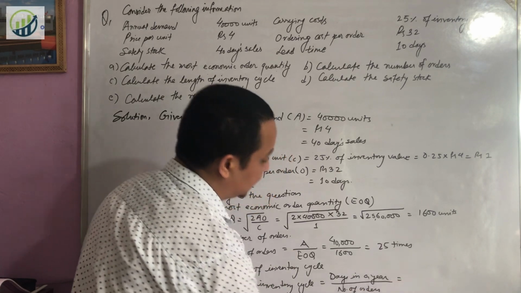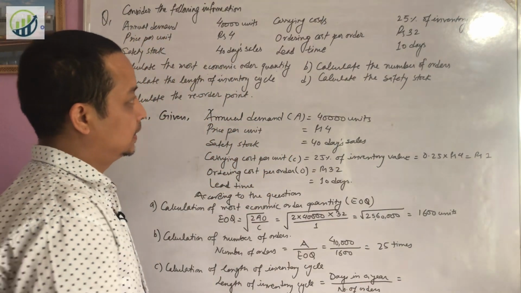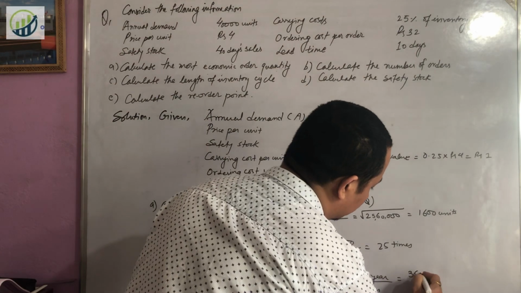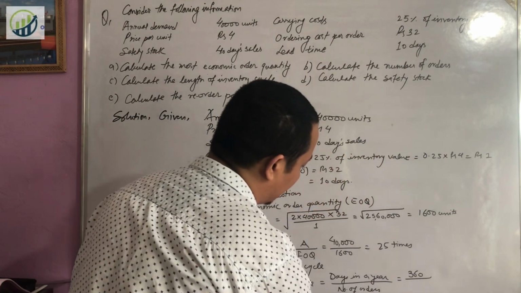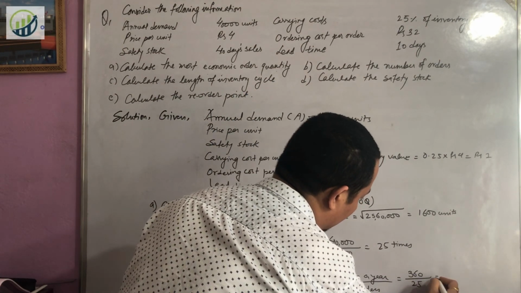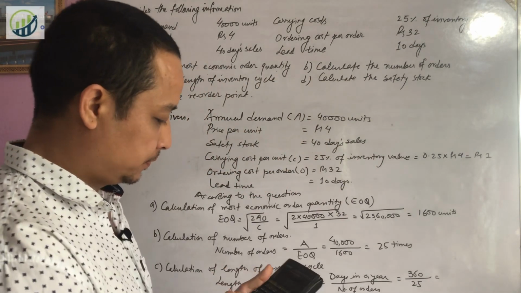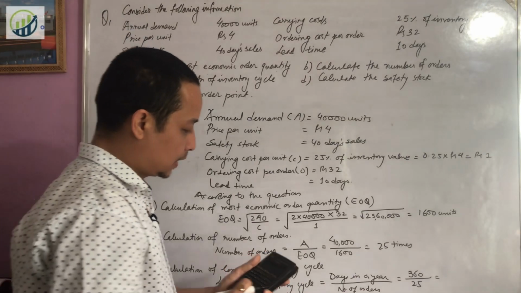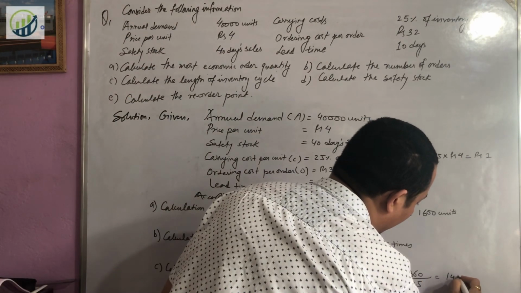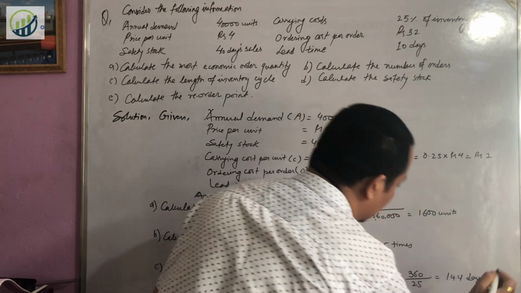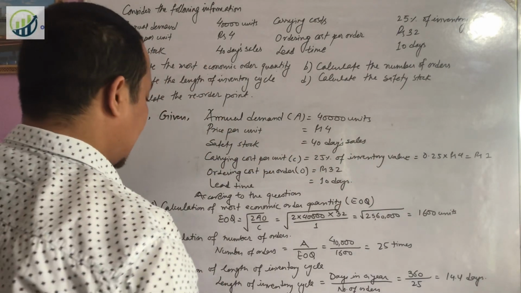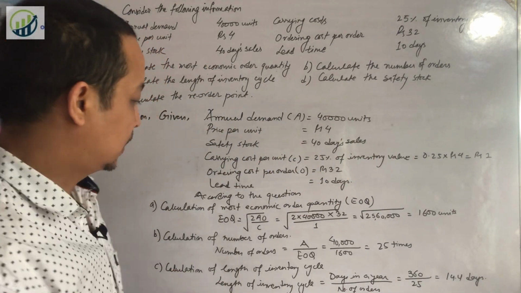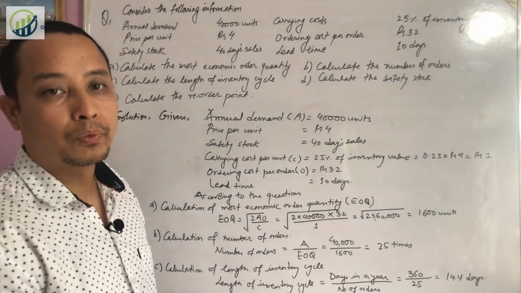So days in a year is here 360 days. You have to assume 360 days for a year, and then number of orders is here 25. So your inventory cycle, or you can also call it order frequency, that is 14.4 days.